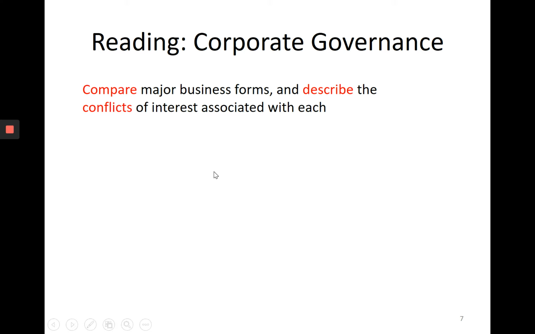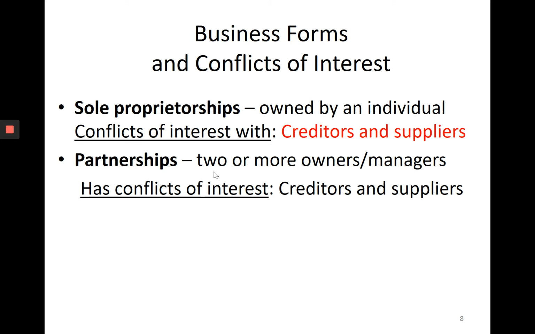Let's continue with this conflict of interest and look at it in more detail as we look at different forms of organizing a business. One form of organizing a business is a sole proprietorship.